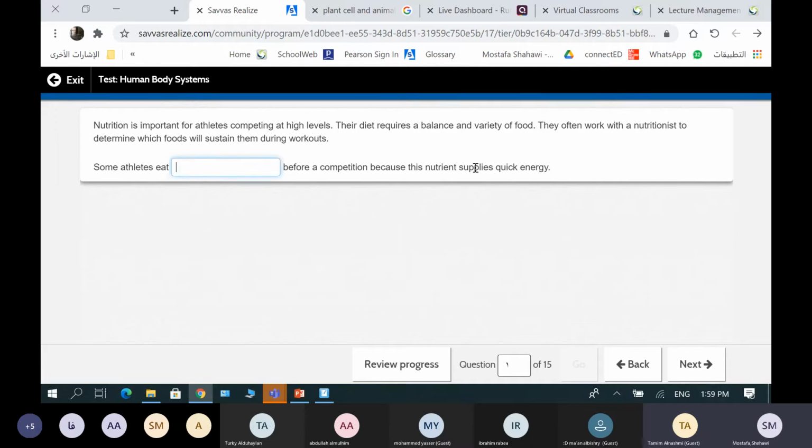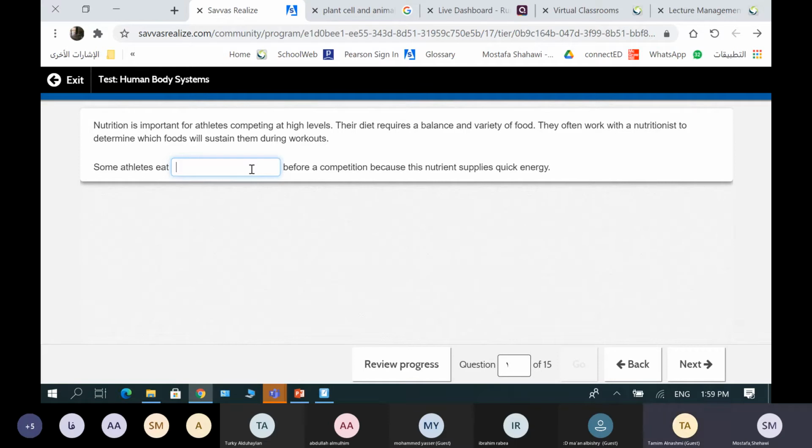What type of nutrients gives you a quick source of energy, Tamim? We have different types of nutrients. Which one will give you a quick source of energy?